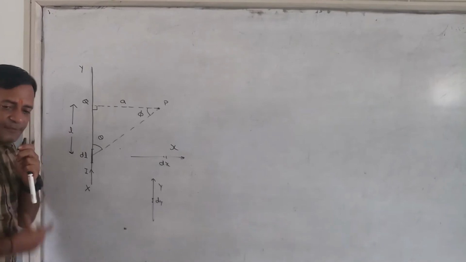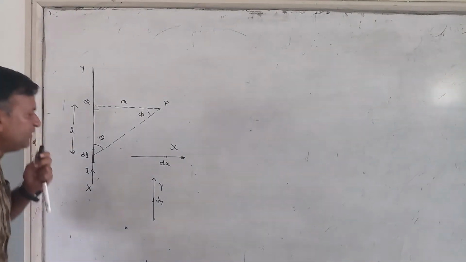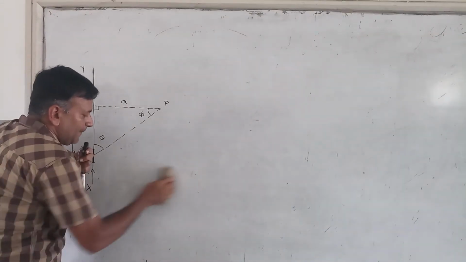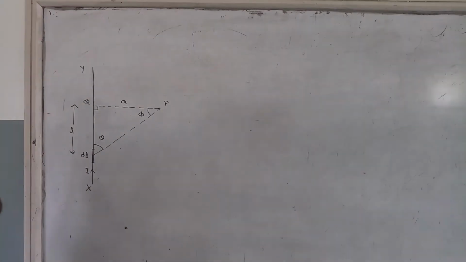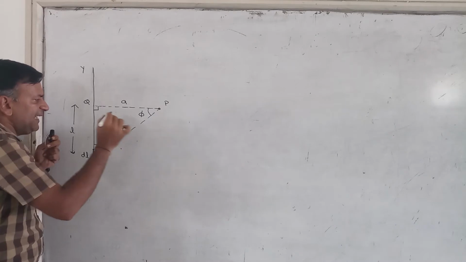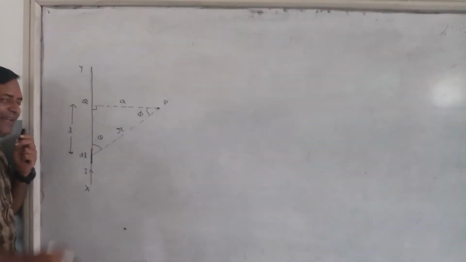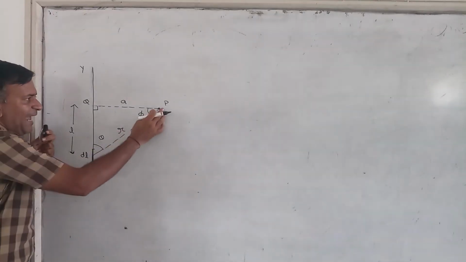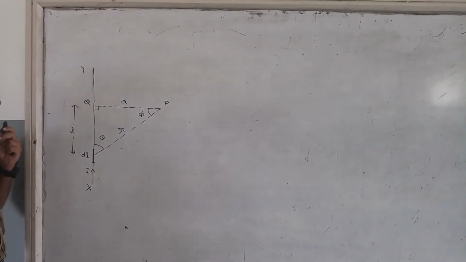This is a basic rule of mathematics which makes things simple. Now here I have this distance r, the distance between the current element and the point where we are finding the magnetic field.